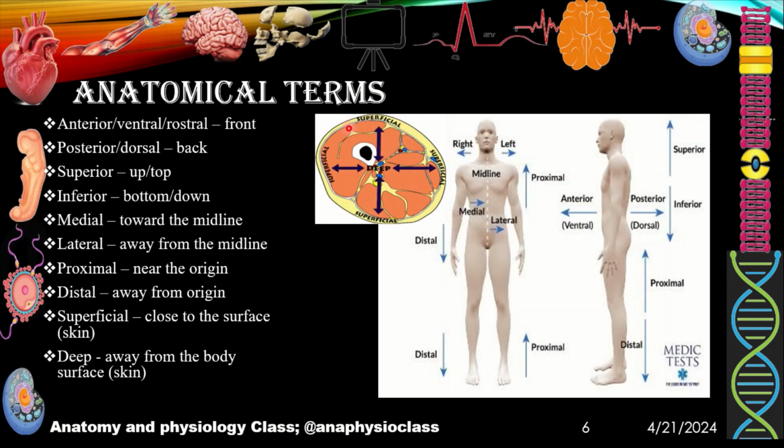For example, look at this cross section of a limb. This whitish structure that you are seeing is a bone, this reddish structure is the muscle, while this yellowish structure is the skin. You can see the muscle is closer to the skin. So the muscle is more superficial than the bone, meaning the muscle is closer to the surface than the bone.